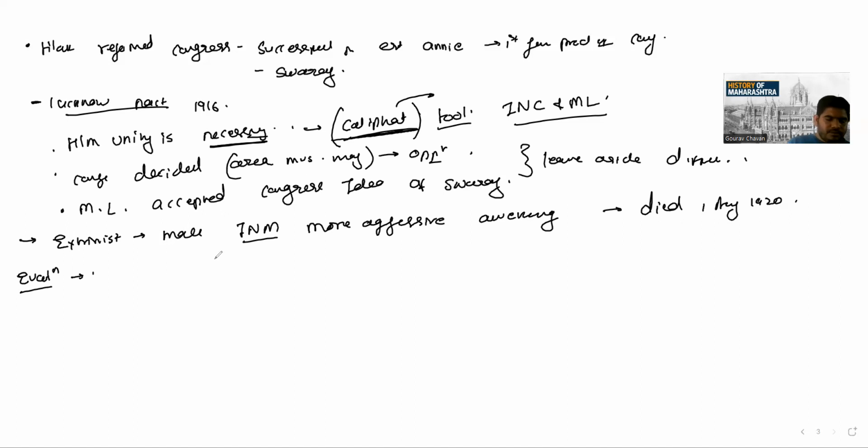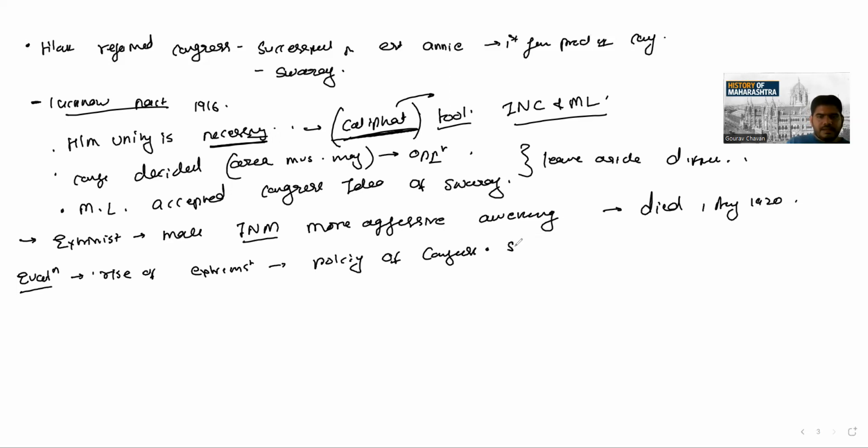With the rise of extremism, the policies of Congress changed. You can see a clear change in Swaraj, Swadeshi, boycott and national education. Congress adopted these ideologies of extremism. So there was a policy change in Congress.